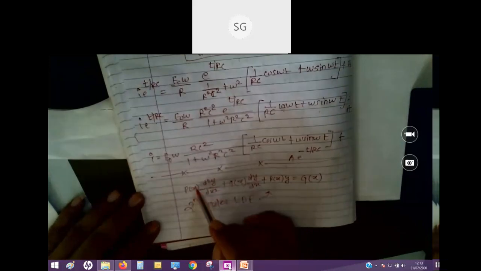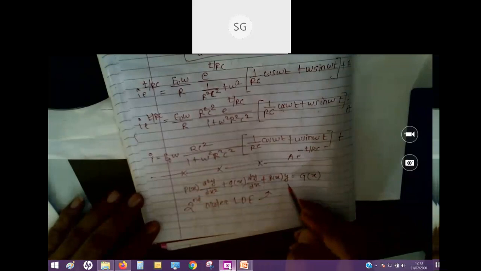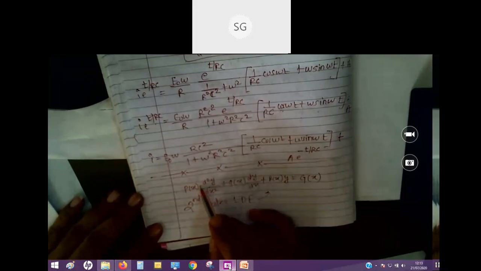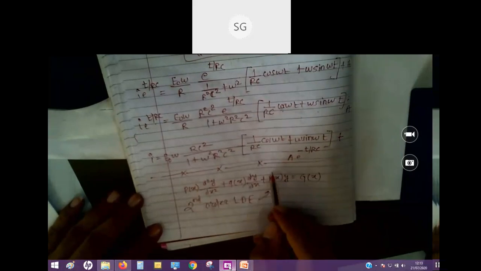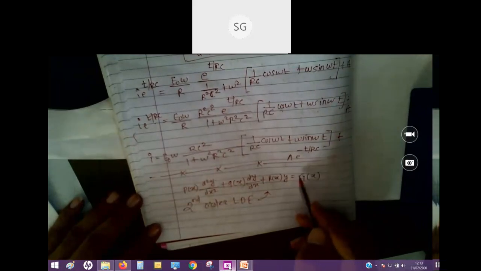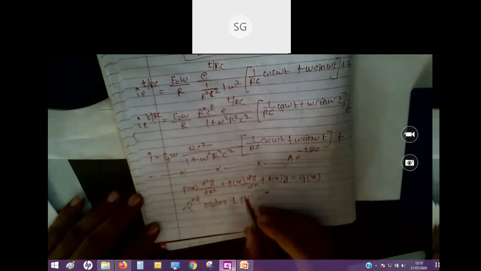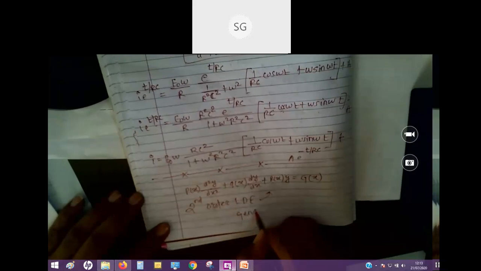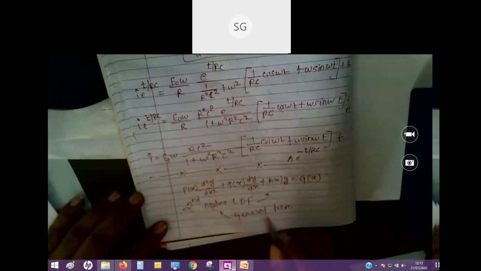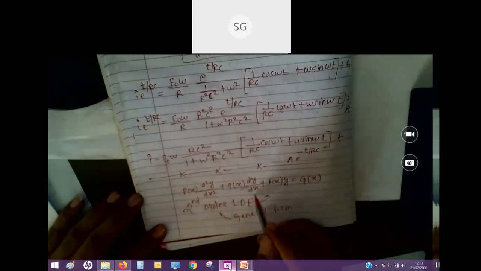So p of x, q of x, r of x, and on the right hand side also a function of x is there, that is g of x. That's why we say this is the general form of a second order linear differential equation.